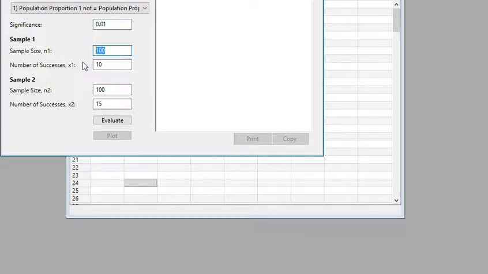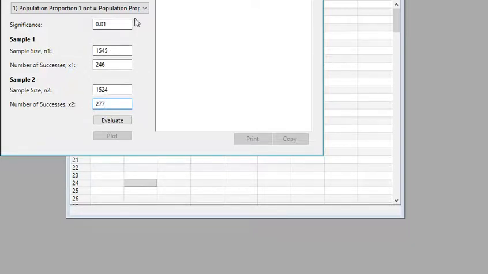Sample 1, we had 1,545, and 246 of those got dementia. In sample 2, we have 1,524, and 277 of them got dementia.